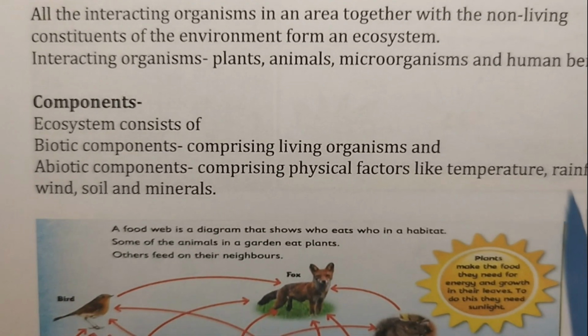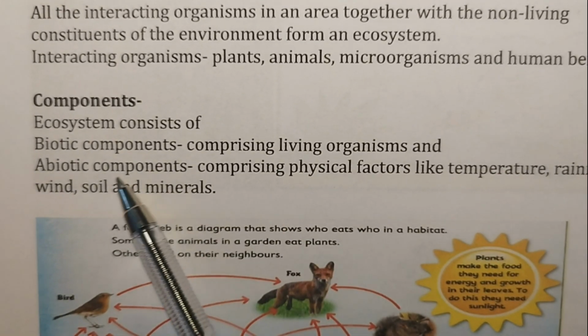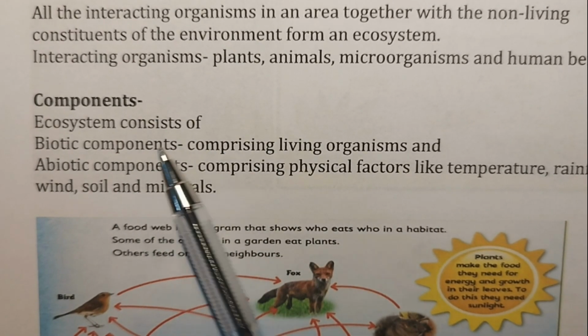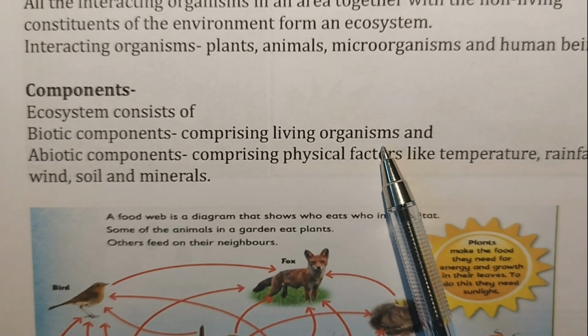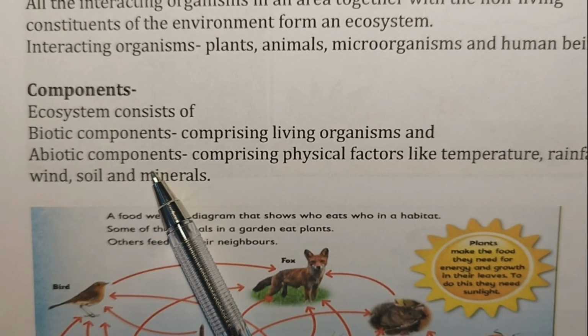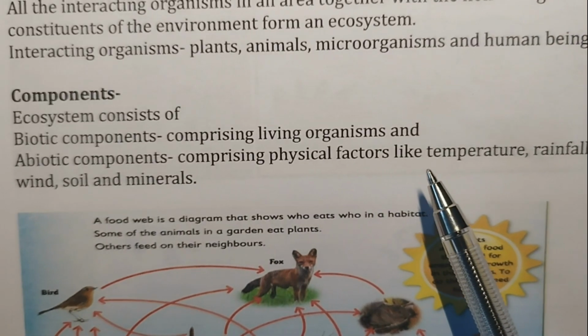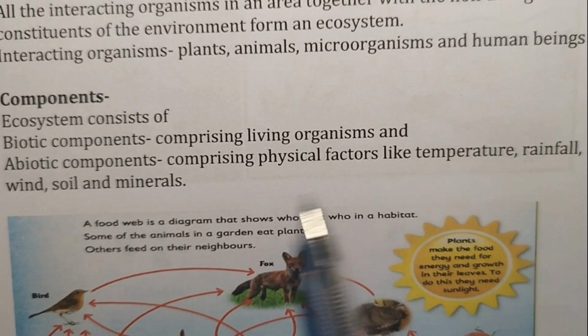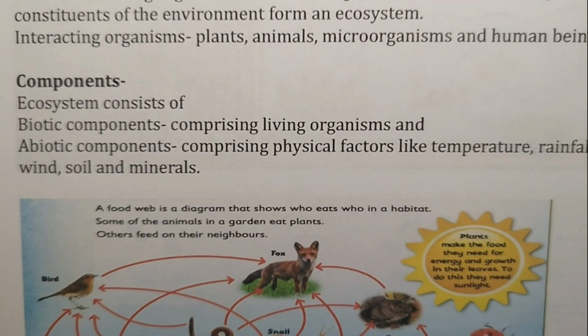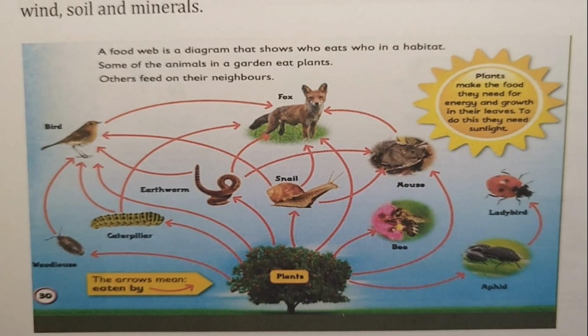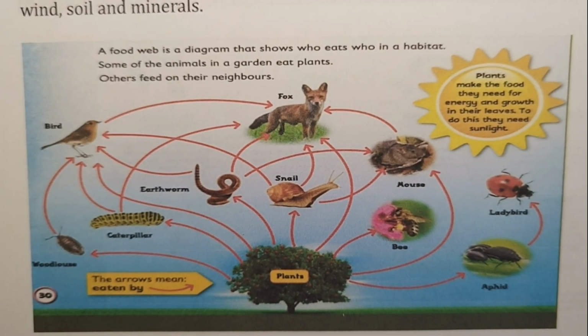The components of an ecosystem can also be put as biotic components, that are living organisms, and abiotic components, that comprise physical factors like temperature, rainfall, wind, soil, and minerals. I've taken this example from the internet to show you the ecosystem and its components.